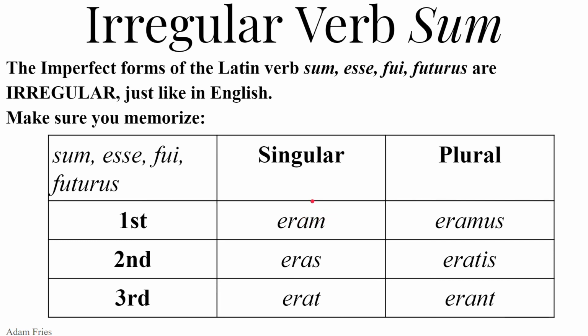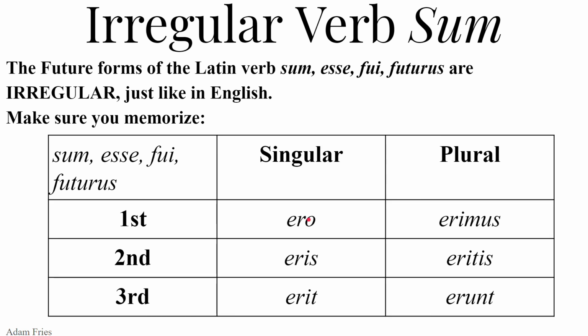Eram, eras, erat, eramus, eratis, erant. So I was, I used to be. Eras, you were, you used to be. Erat, he was, he used to be. Erat, there's also existential erat, so there was, usually the first word in the sentence. Same thing with erant, there were, first word in the sentence, existential erant.